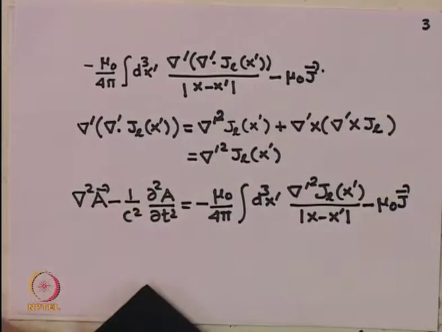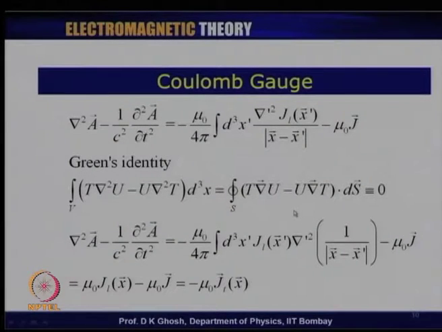Now, at this stage, what I do is to use what is known as Green's identity. Green's identity, if you recall, is if I have two scalar fields t and u, t del square u minus u del square t volume integral is converted into a surface integral of this type.